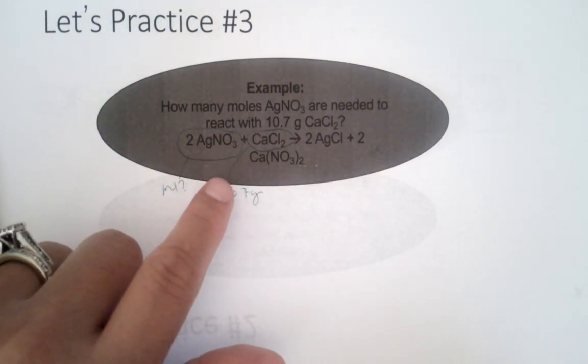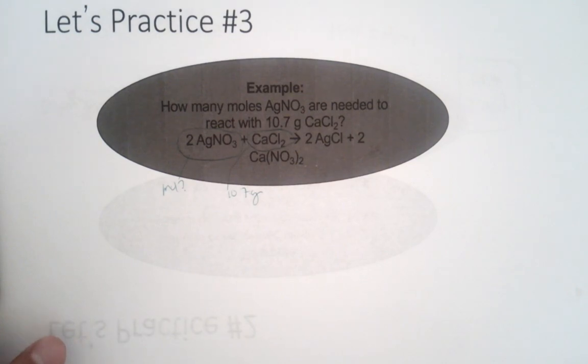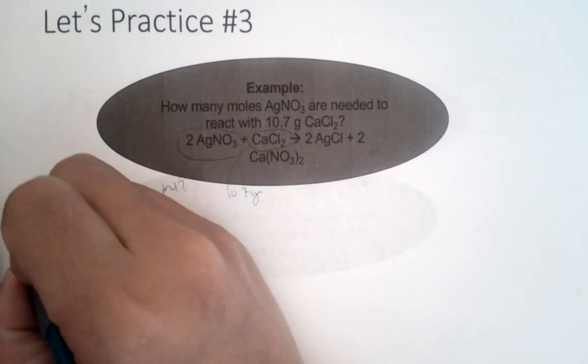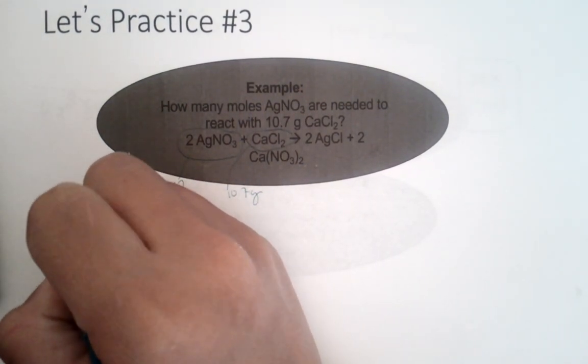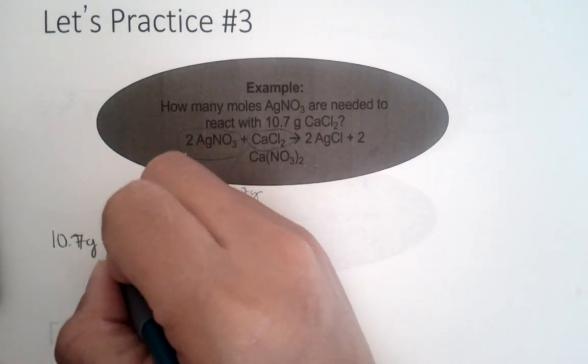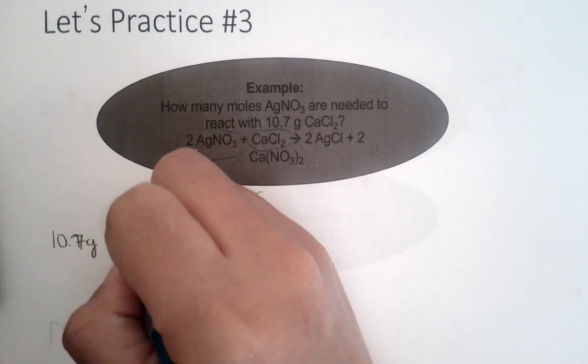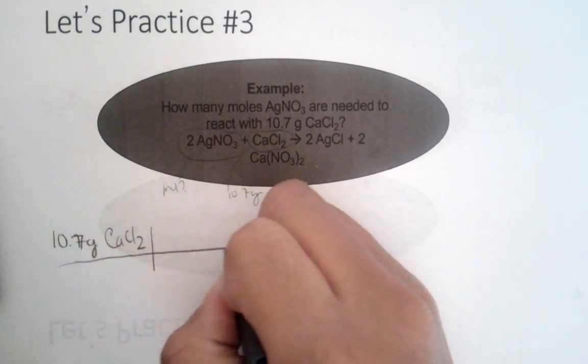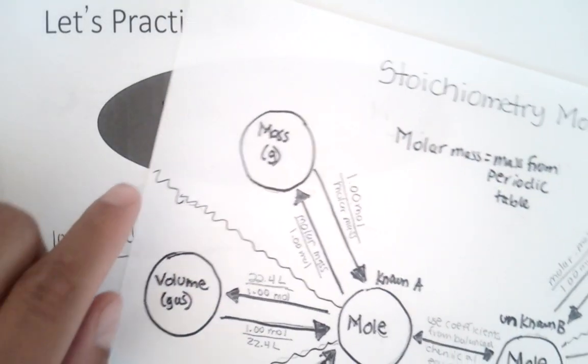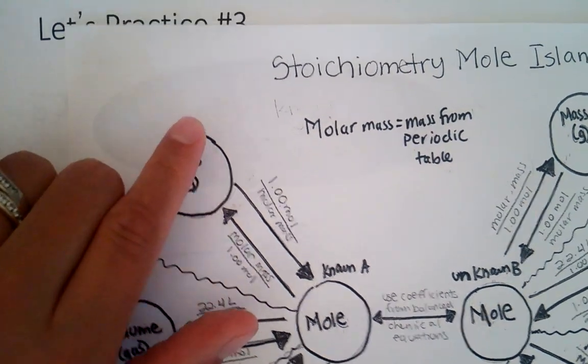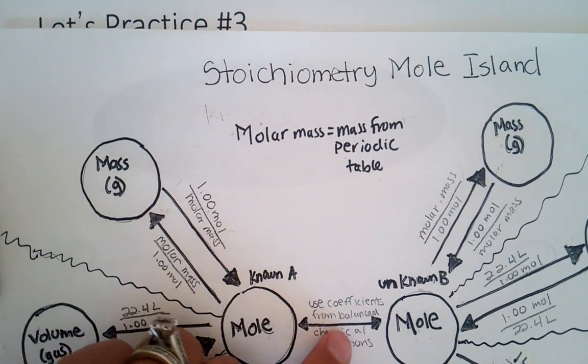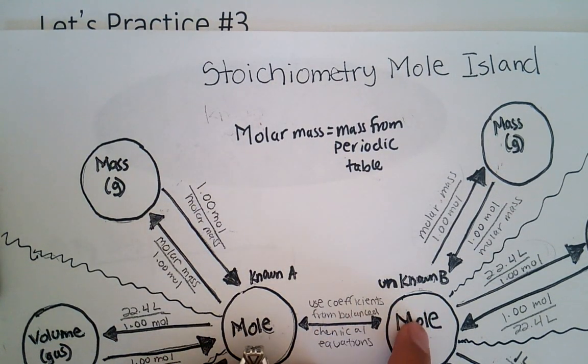So let's start by writing what we start with. We start with 10.7 grams of CaCl2. So that means that, again, we're starting here. And we want to have moles of AgNO3. That means that we're going to end up at these moles.